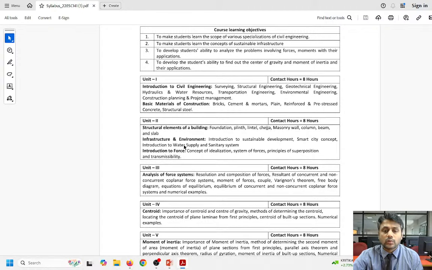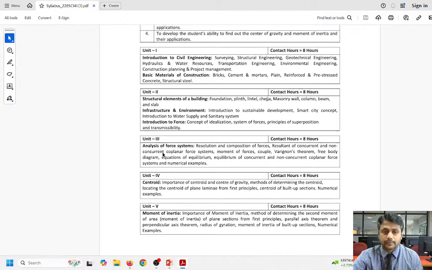Then we move on to sustainable development. These days, development has to happen, but with sustainability in mind. So sustainable development is very important, and that is what will be introduced to the students, along with the smart city concept and other related topics.